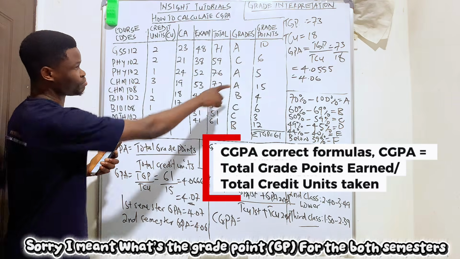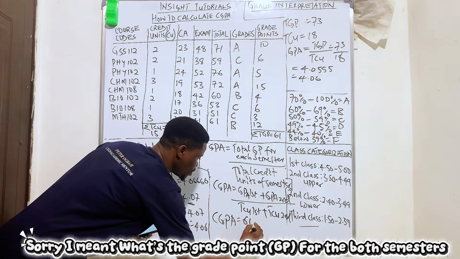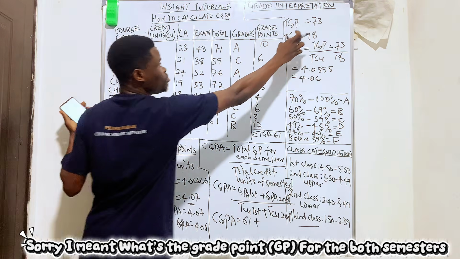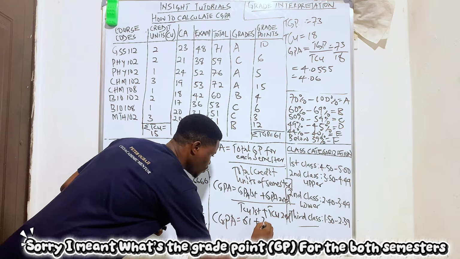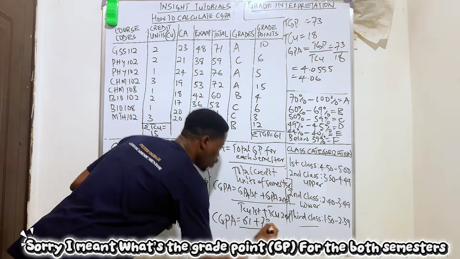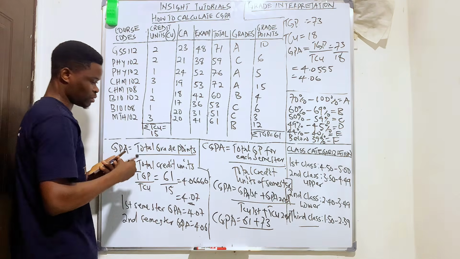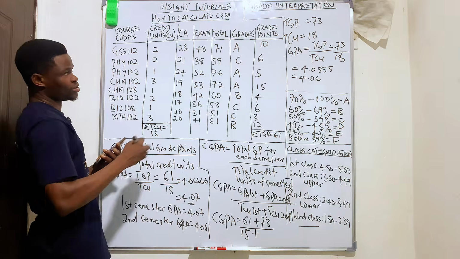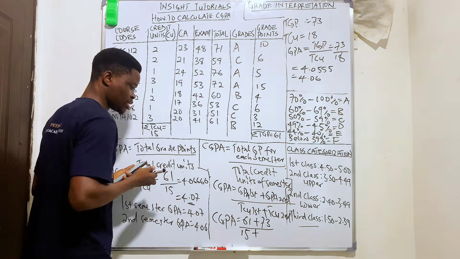That is 61. So we're going to have 61 plus, what's it for the second semester? The assumed total for the second semester was 73. So we're going to have 73 all over the total credit unit for first semester, which was 15, so I'm going to write it here, 15 plus the second semester's assumed total credit unit, which was 18.